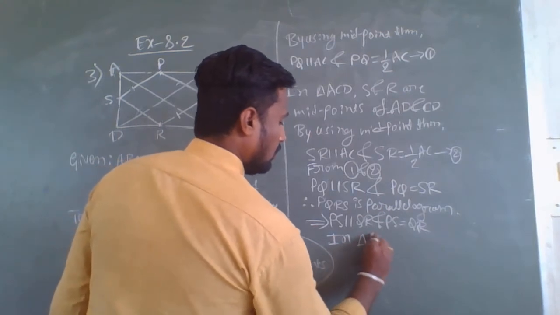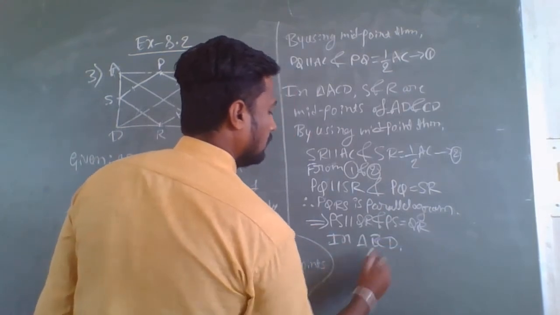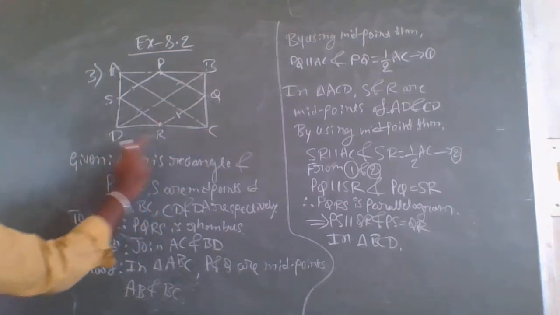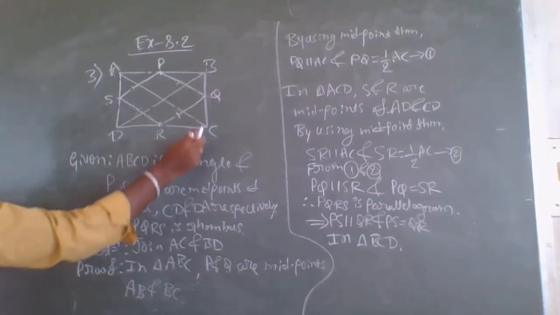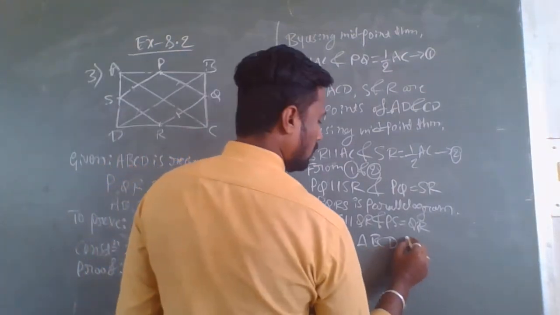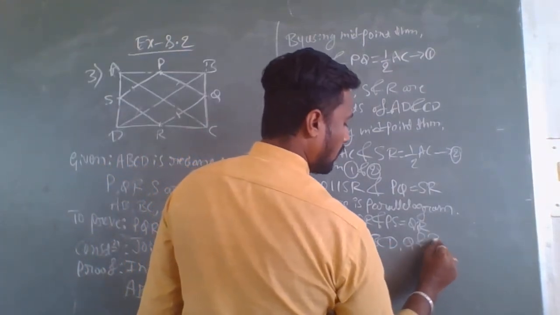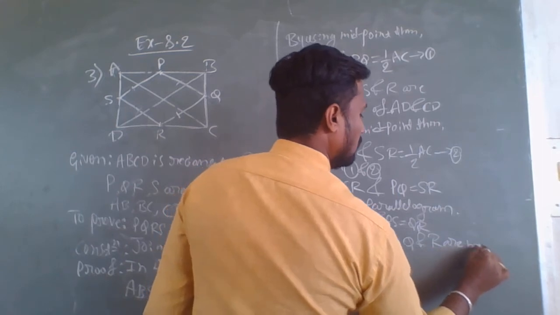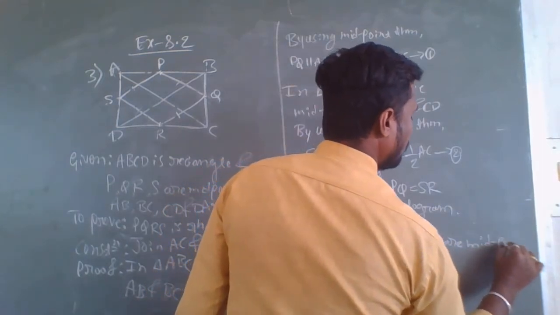In triangle BCD, Q and R are midpoints of BC and CD.